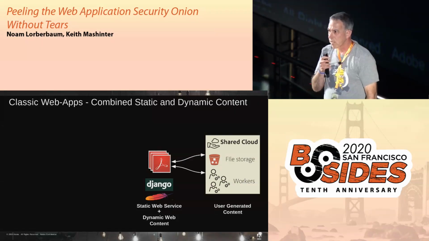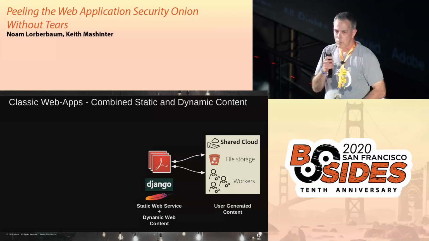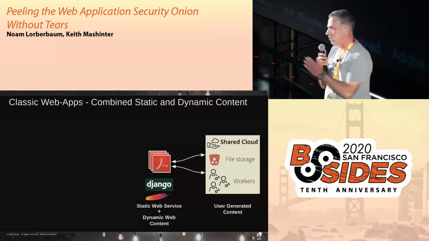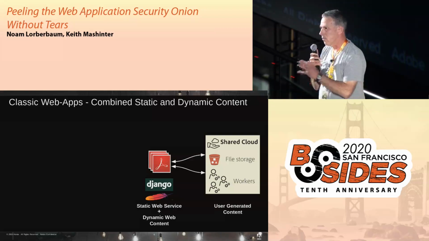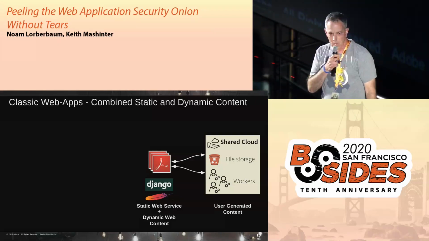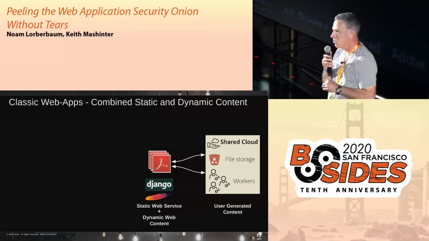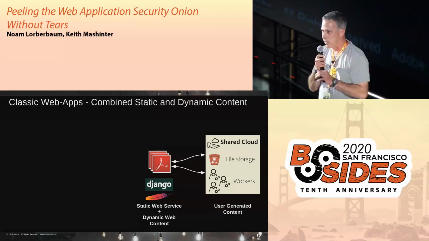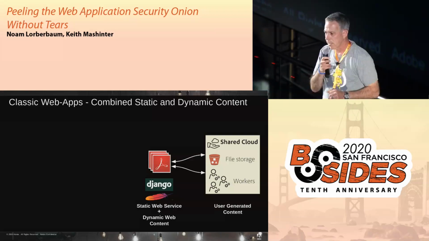In front of shared cloud, we had a Django-based Python application that takes requests from the various clients and sends those to shared cloud, and then asynchronously takes the response from shared cloud and sends that back to the clients.